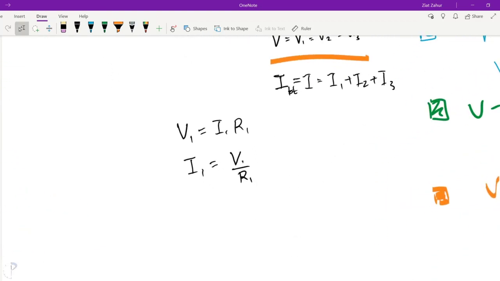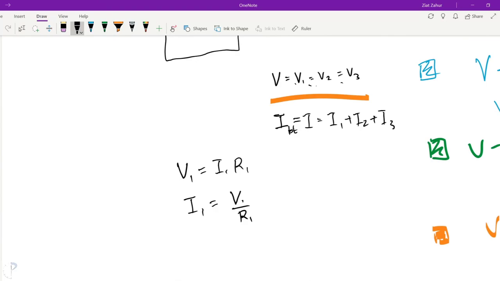But V is all the same, meaning I2 is equal to the same V over R2. Since V is all the same amongst all the resistors, each individual current is proportional to the inverse of R, or is inversely related.